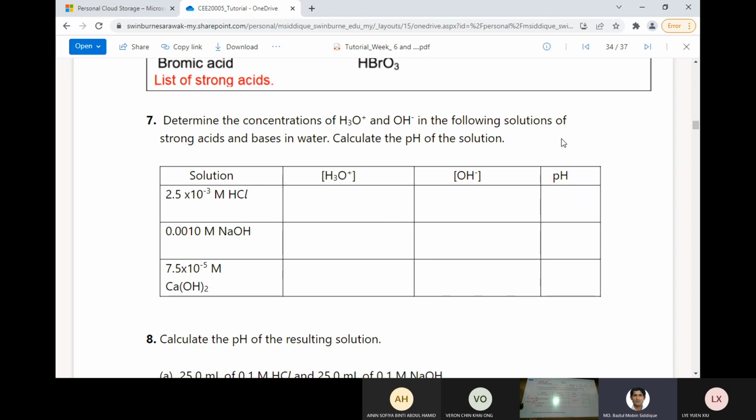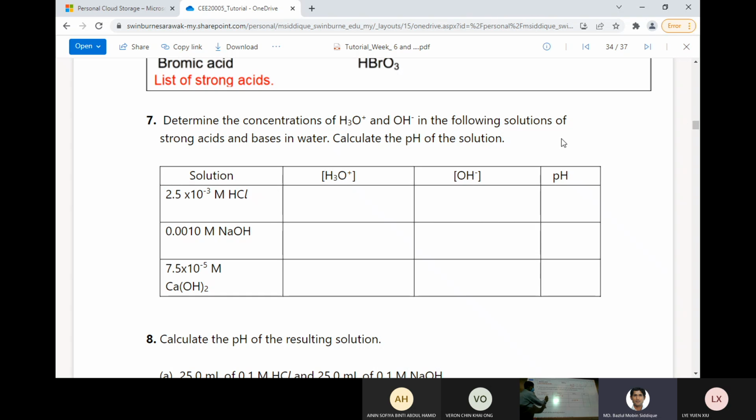So from there we will find the concentration of hydronium ion. Is that okay? And same goes for here. I wrote it purposely. I wanted to see whether you noticed. So the same way we will find the hydroxyl ion concentration there.